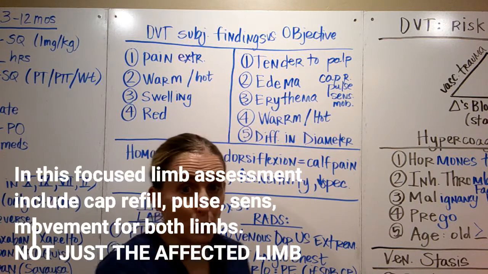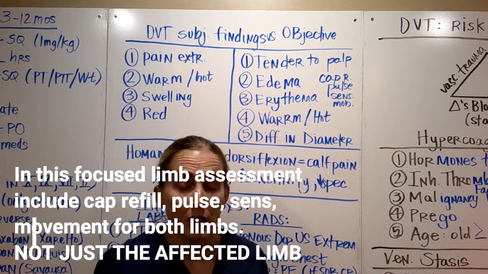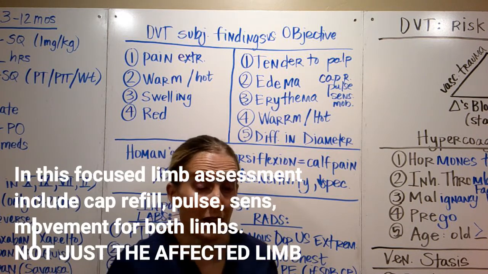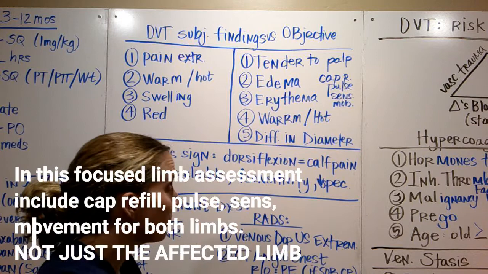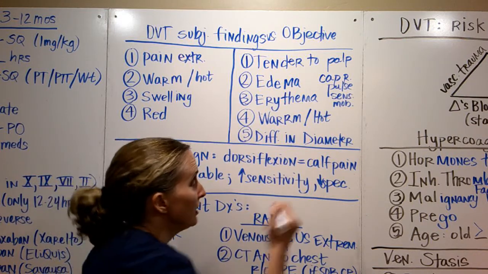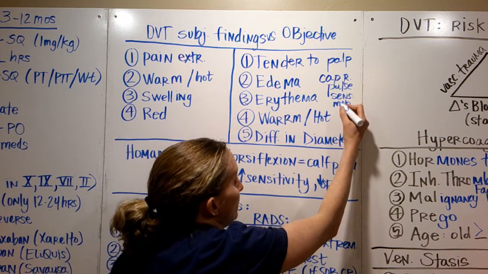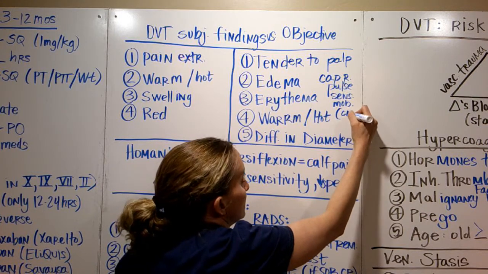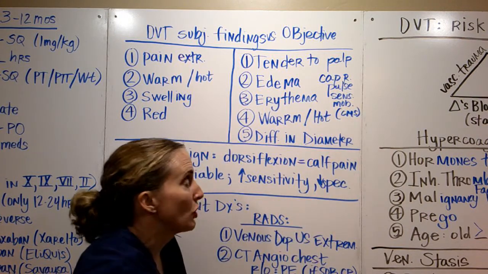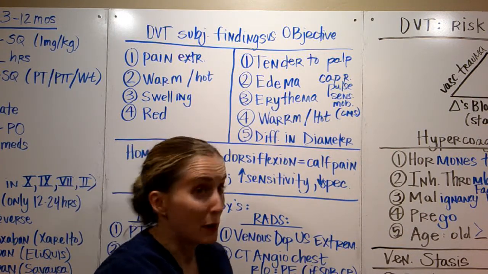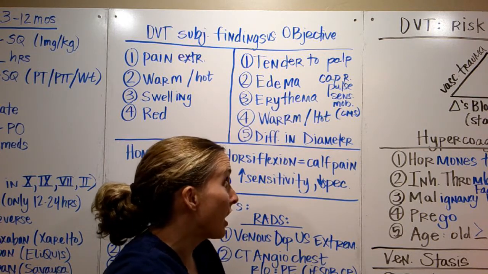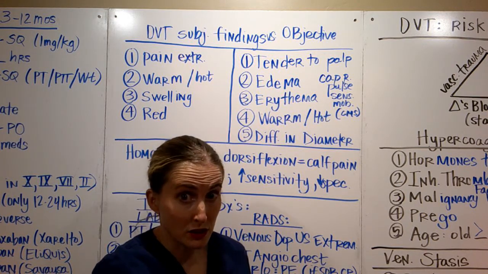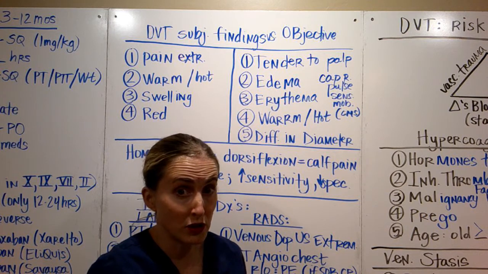So just make sure if you're looking at their leg, at their lower leg, make sure they can wiggle their toes, that they can move the leg, how well they're able to walk on it, that they have feeling in that leg. So this is abbreviated with our CMS. So our circulation is verified with our cap refill and our pulse, and then our motion and sensation. So mobility, sensation, and circulation.